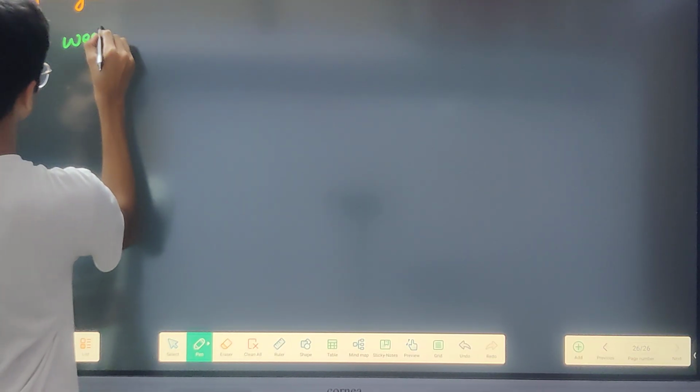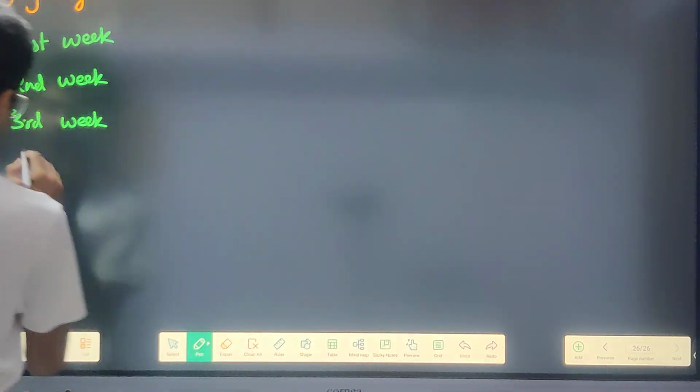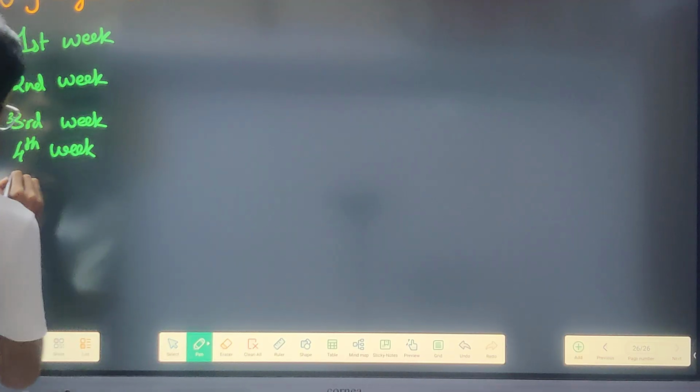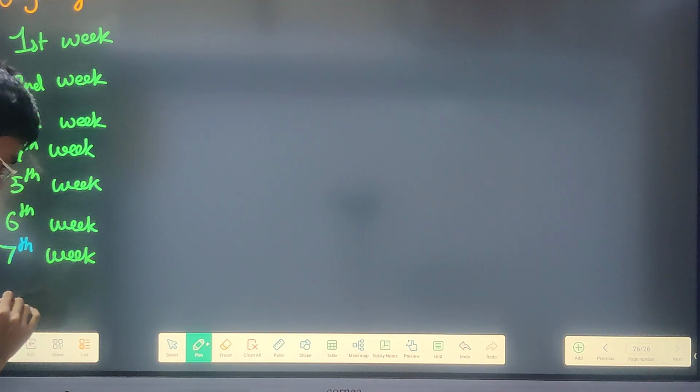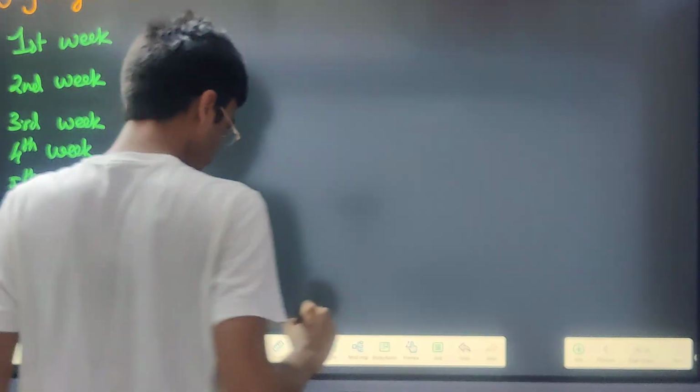I can segregate it into the first week and second week, then the third week, the 4th week, the 5th week, the 6th week, the 7th week, then the 12th week, the 24th week, then the 30th week.